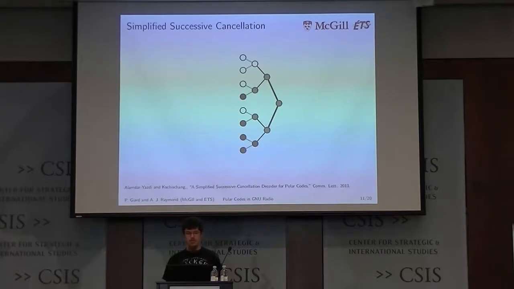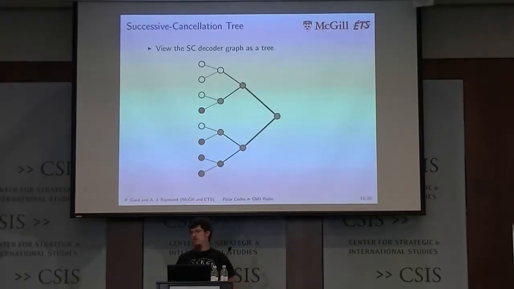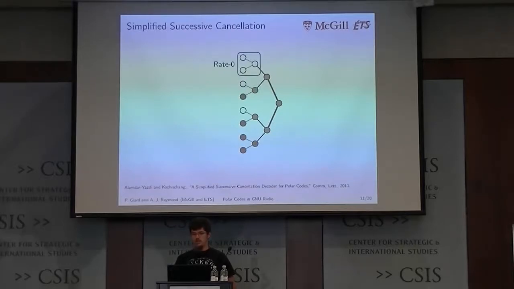So the first thing that was done was simplified successive cancellation by Alan Giard and Shishang at the University of Toronto. They figured that those subtrees where you're actually in the presence of rate 0 codes, we don't have to do any decoding in there. We know in advance that the answer is going to be the all 0 vector, and that's the maximum likelihood.